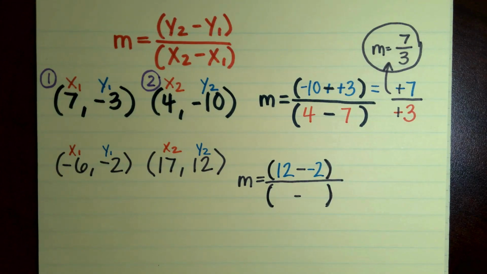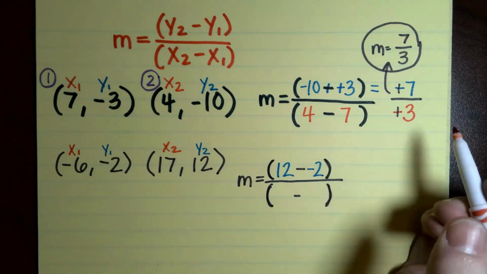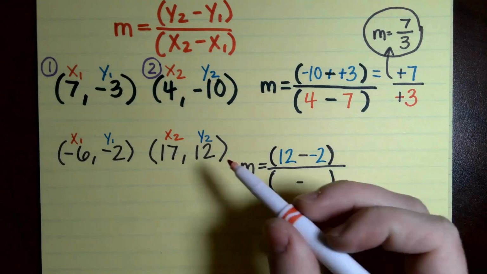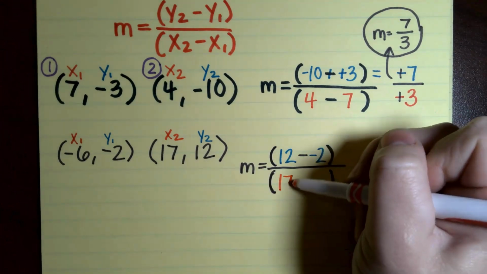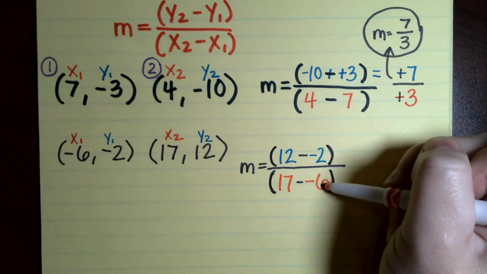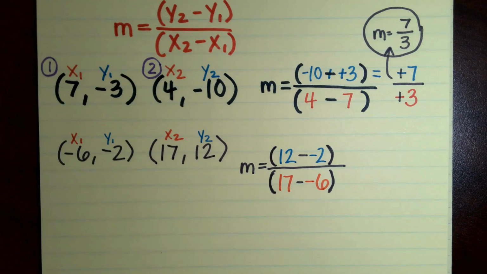Perfect. And then what about our x values? What are we writing on the bottom? 17 minus negative 6. Perfect.